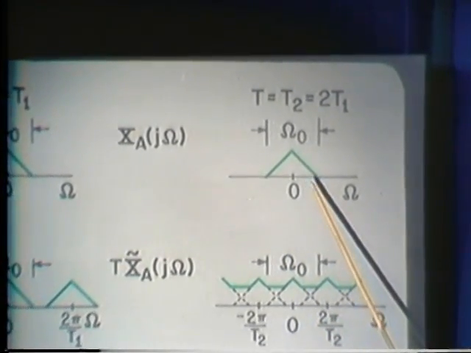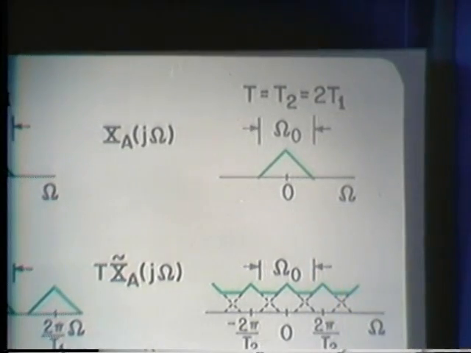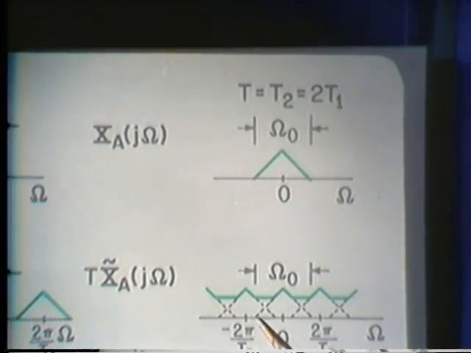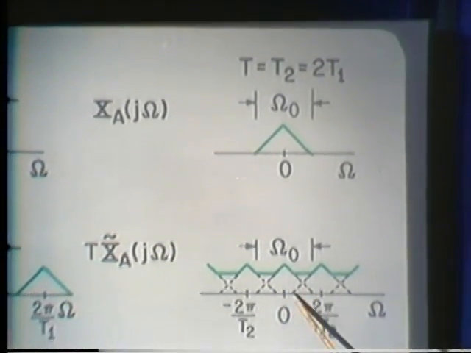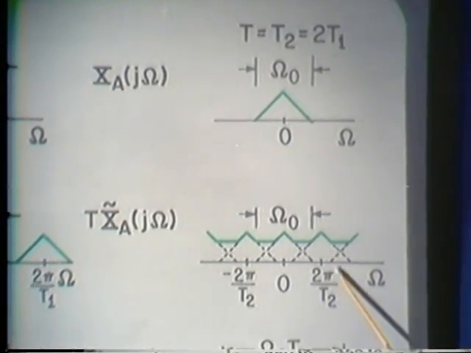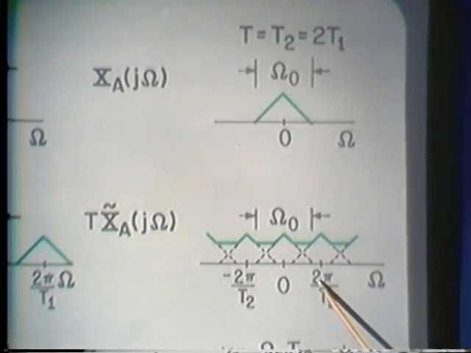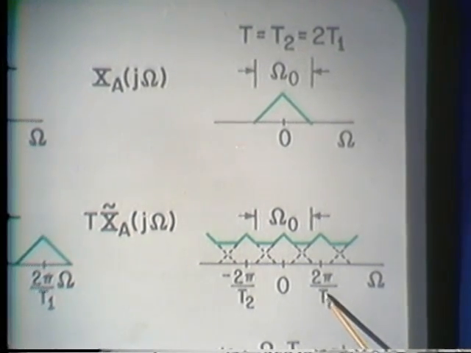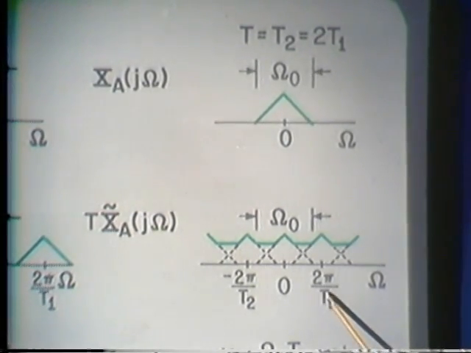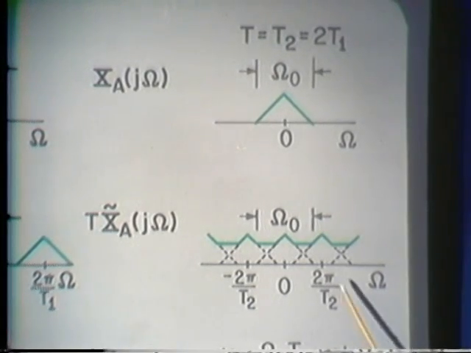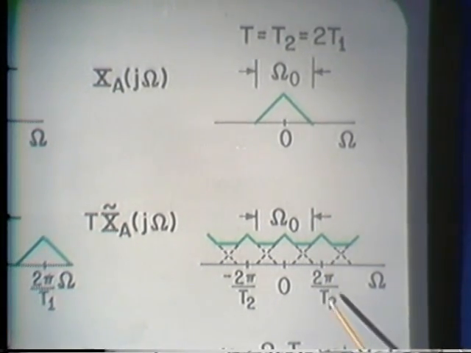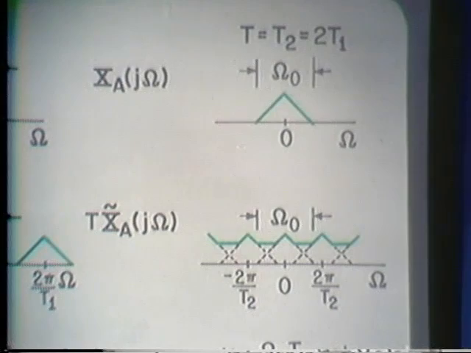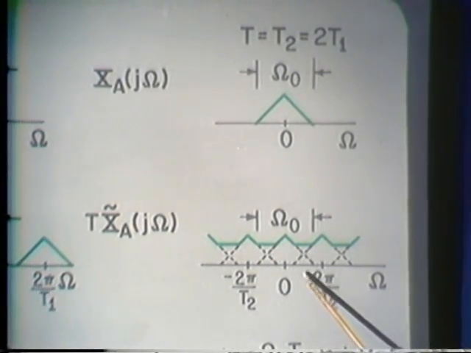then starting with the same continuous time spectrum, what we have now is these spectra again periodically repeated with a period again which is 2 pi over capital T, which in this case is 2 pi over capital T2. But now they interact, and of course we have to add these up. That was the expression that we just derived.